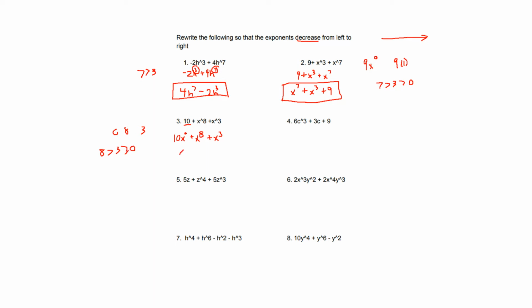So the order should be x to the power of 8, and then it's going to be 3. So x to the power of 8 plus x cubed. And then it's going to be plus 10. You don't have to write the x to the power of 0. That's just to make it a little bit easier. So x to the power of 8 plus x to the power of 3 plus 10 will be your final answer for number 3.